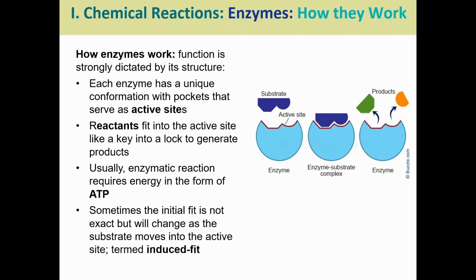This is because we're going to create pockets that are called active sites. These active sites are where the reactants can just kind of slip into, kind of sit in, right? Like a key in a lock. And then once they're sitting in that spot, the enzyme can twist them a little bit, distort that bond. But if the active site is not the right shape, the reactant cannot seat itself there.